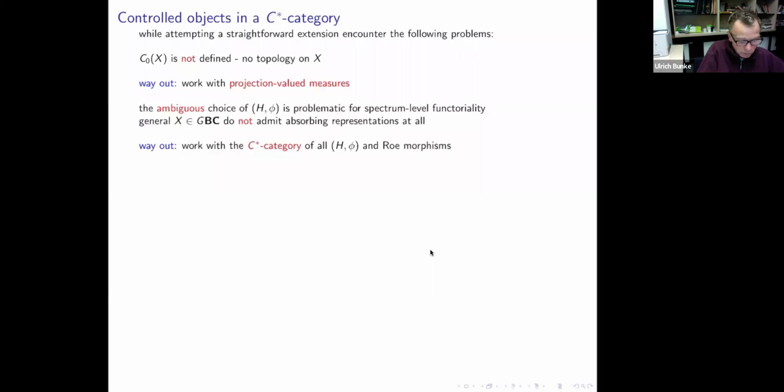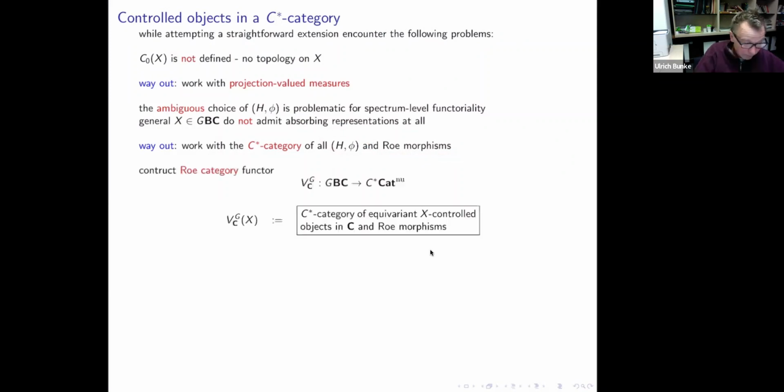So the idea is to work with the C-star category of all representations and define morphisms between two representations in the same way we define the Roe algebra. What we generalize here is the uniform Roe algebra to the C-star category. We don't stabilize.